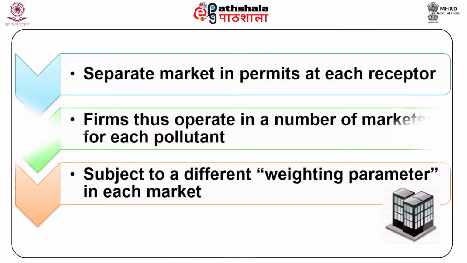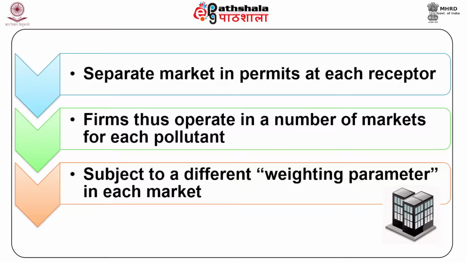To get around this problem, the ambient permit system was proposed, where the permits are defined in terms of the pollutant concentrations at the receptor point. Permits are denominated in the units of damage at receptor. There is a separate market in permits at each receptor, and firms must trade in as many markets as their emissions affect the receptors.